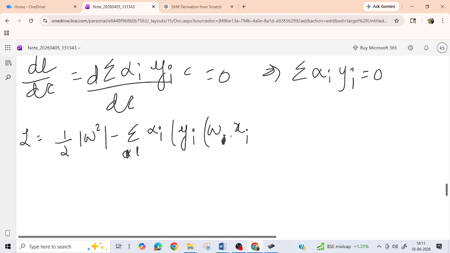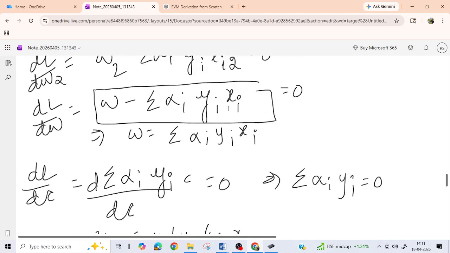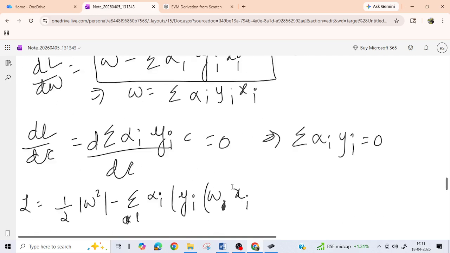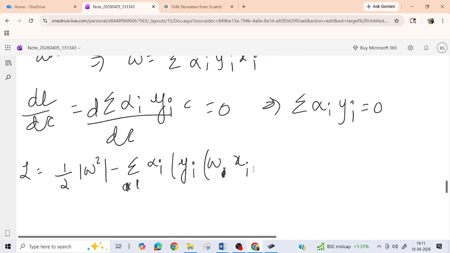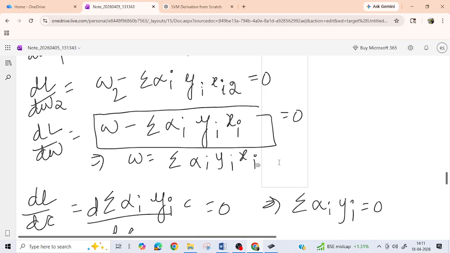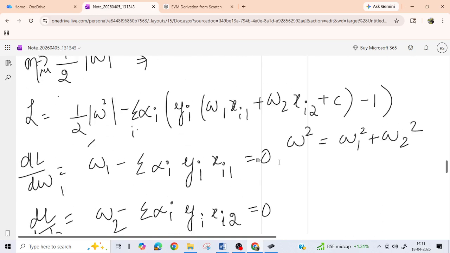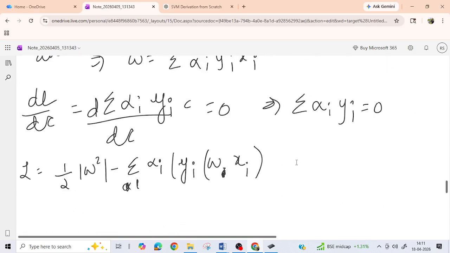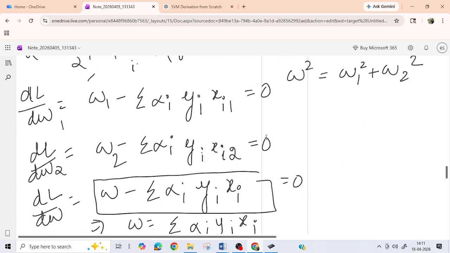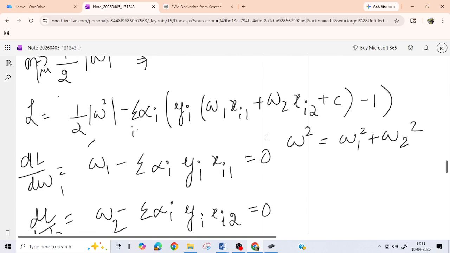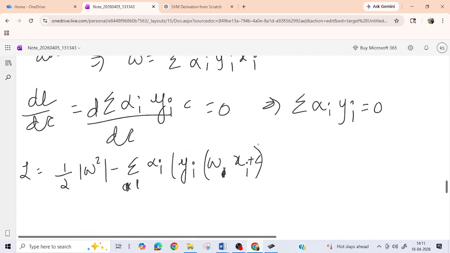In full-fledged notation it would be w1 into xi1 plus w2 xi2, but I had shown earlier that we can condense it and write it as w into xi, right? And then we write plus c, sorry, plus c. Yeah, that's what I was missing. Minus 1.